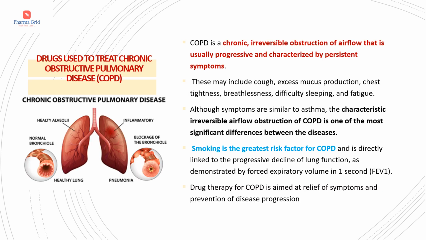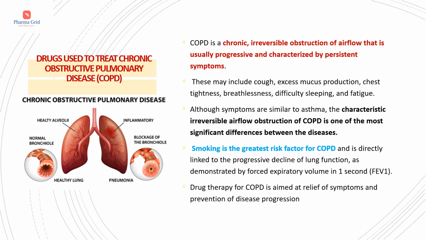So the next respiratory disorder is chronic obstructive pulmonary disease, or COPD. COPD is a chronic, irreversible obstruction of airflow that is usually progressive and characterized by persistent symptoms. The symptoms include cough, excess mucus production, chest tightness, breathlessness, difficulty sleeping, and fatigue.